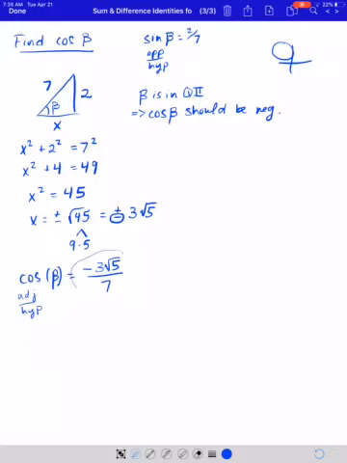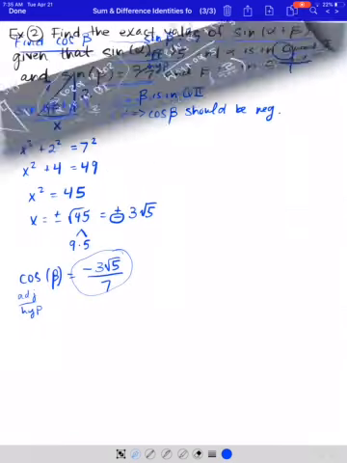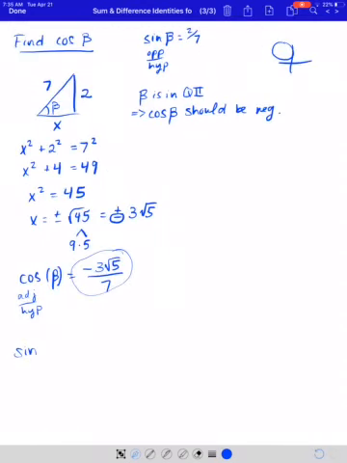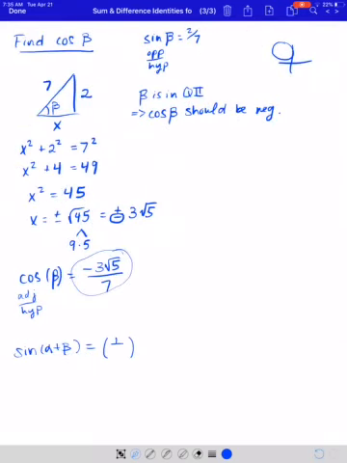Now we have all of the pieces in our puzzle to simplify our entire expression. Going back, this is our expression. Sine of alpha plus beta, what we're trying to find the exact value for, is equal to 1/5 times cosine beta, which is negative 3 root 5 over 7.